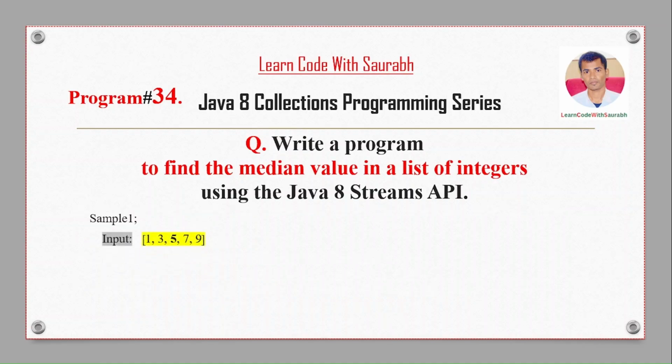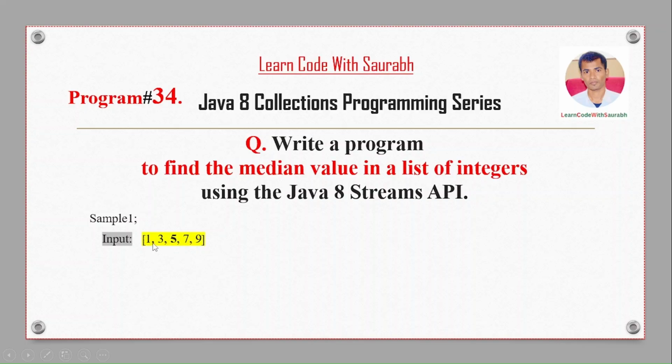So if I take that simple input, there is another way we can understand the logic. Firstly we need to calculate how many numbers are present in that list, just count it, and then add all the elements like 1 plus 3 plus 5 plus 7 plus 9. After adding, we need to divide by the total number.